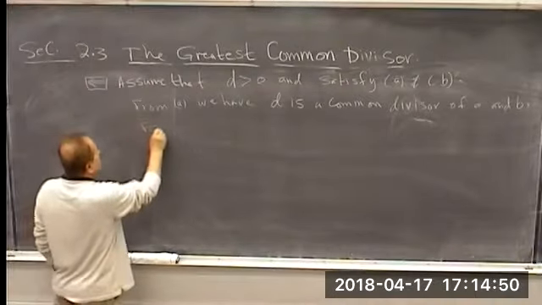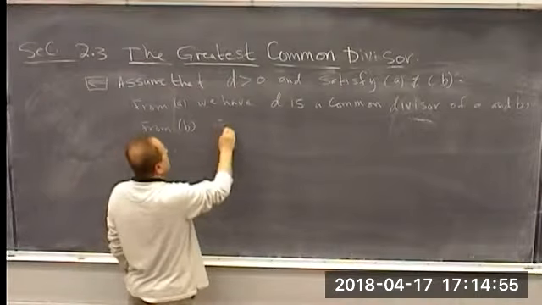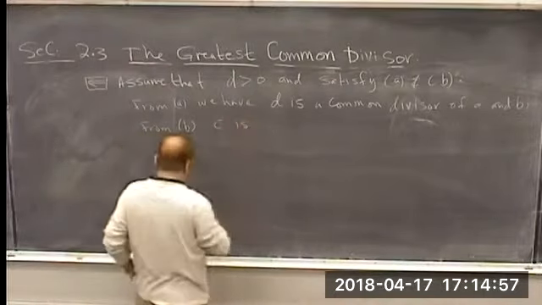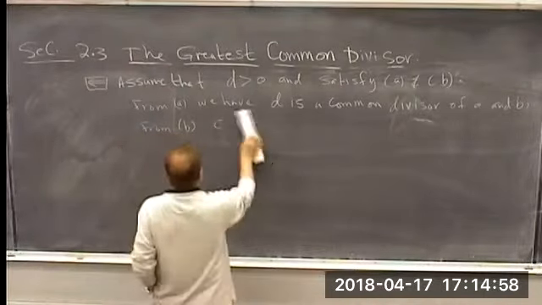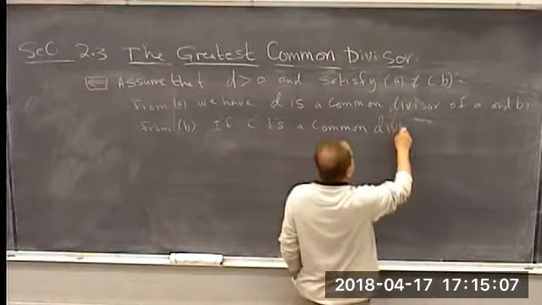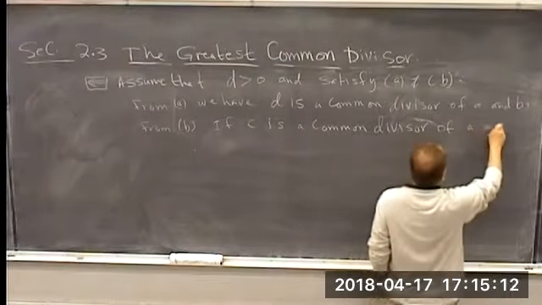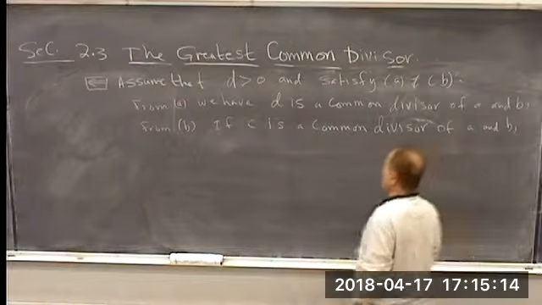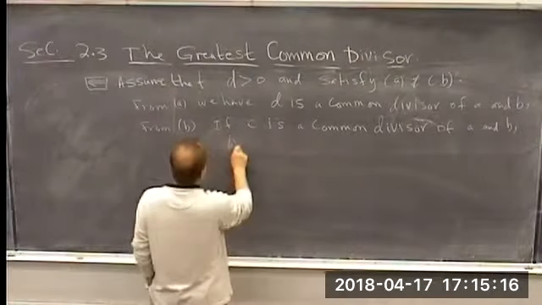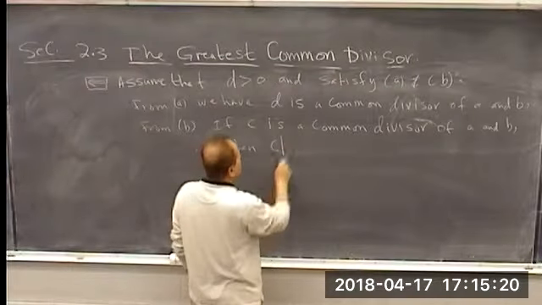From condition 2, if C is a common divisor of A and B, then this is what the second condition says: C implies D.